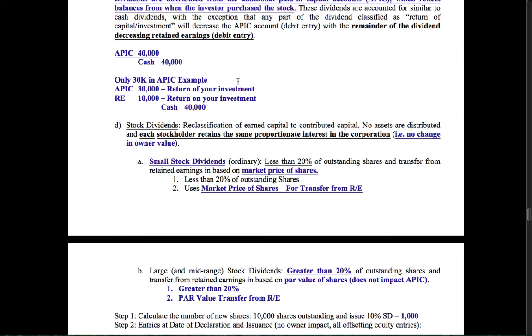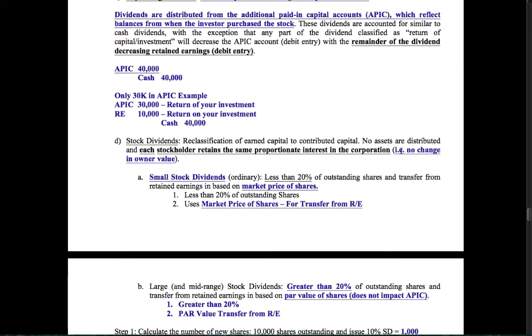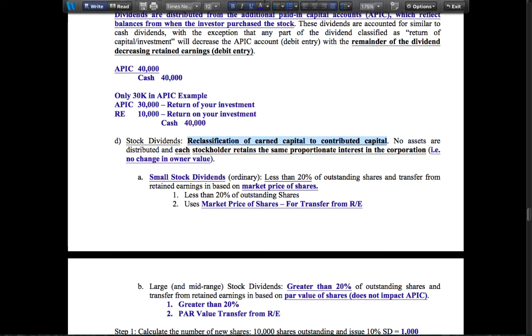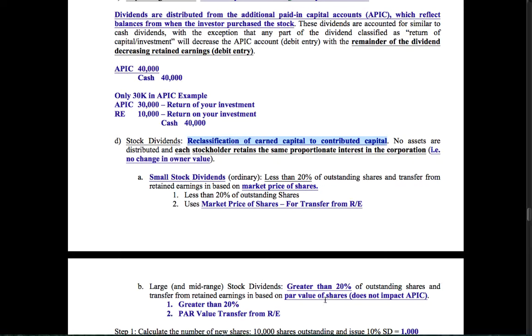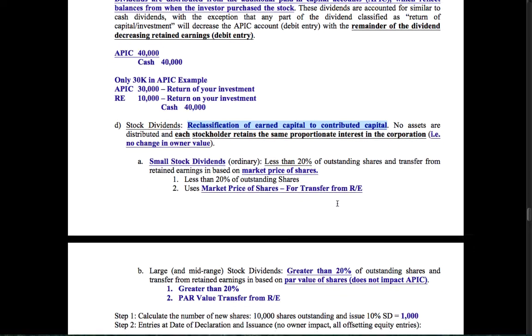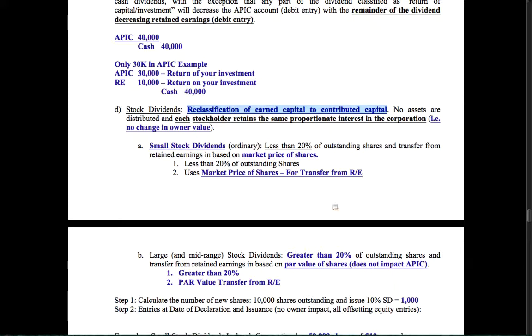So a main key takeaway here is the basic understanding that we are reclassifying earned capital to contributed capital. Make sure that you understand that, because that will tremendously help you as you're going through the examples. And you can remember that we are taking balances from earned capital, which is retained earnings, and moving it to contributed capital.